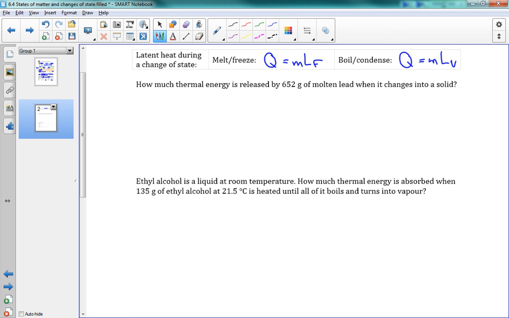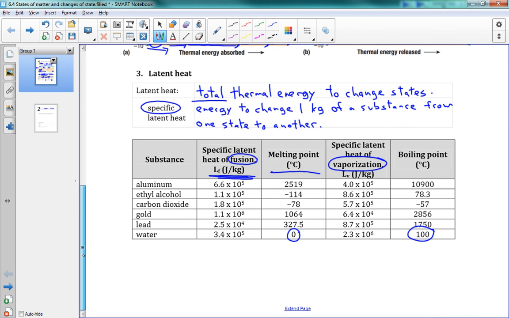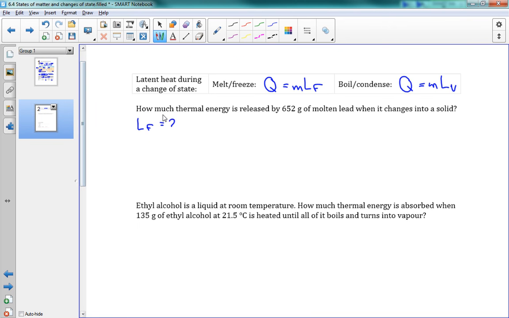The first problem says: how much thermal energy is released by 652 grams of molten lead when it changes into a solid? First off, we need the latent heat of fusion for lead. We pop back onto the previous page, go down to lead, and you can see latent heat of fusion is 2.5 times 10 to the 4 joules per kilogram. That's our latent heat of fusion, and our mass is 0.652 kilograms.